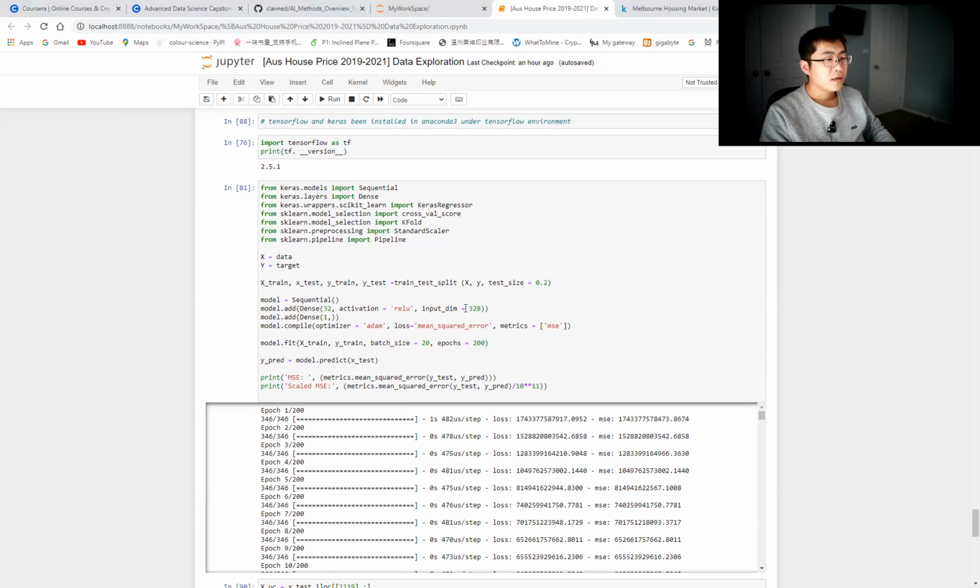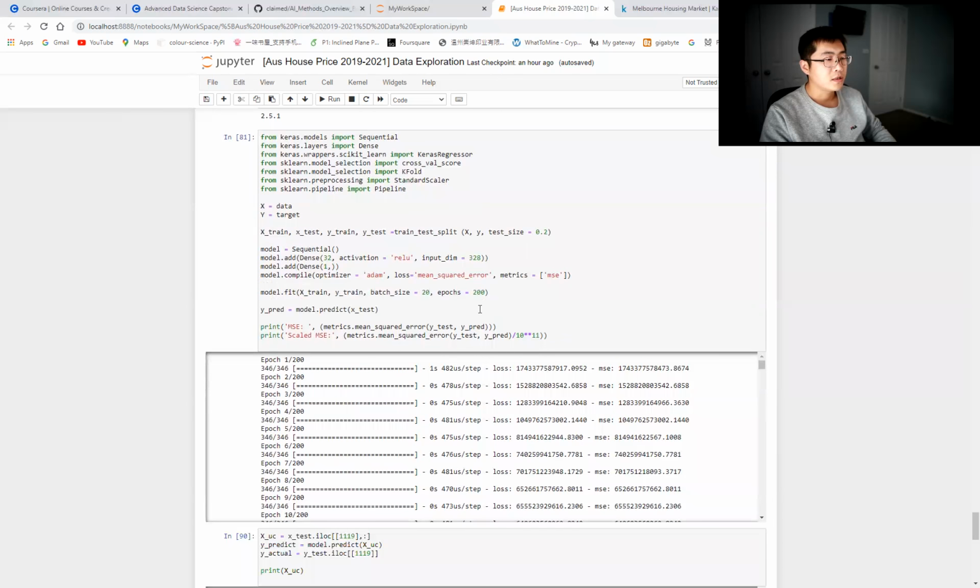We have the parameter dimension is 328. The batch size 20, epochs 200. I tried 100, 200, but there's no significant difference. But yeah, just do the 200. We also use the same mean squared error as the loss metric.